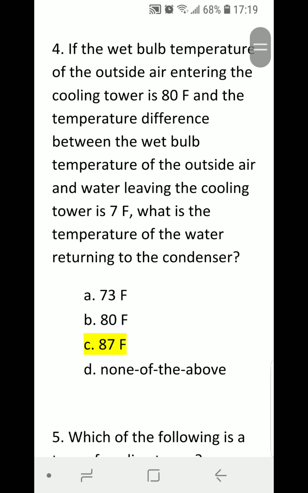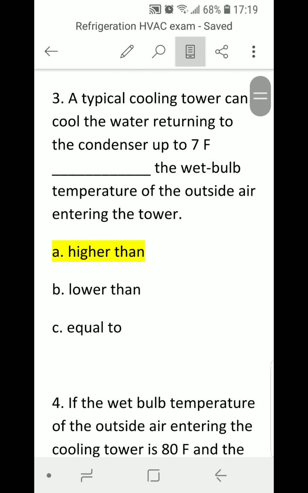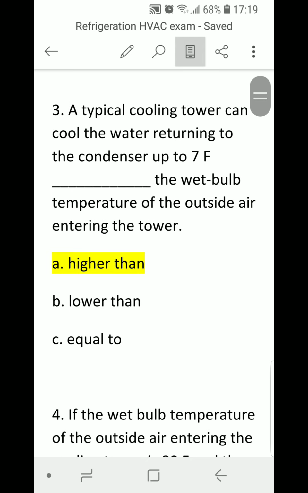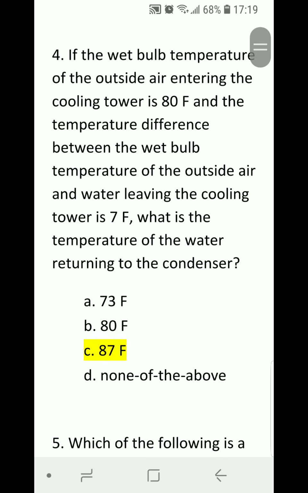Number 4 is an illustration of the 7 Fahrenheit temperature difference being mentioned. So example here is if the wet bulb temperature of the outside air entering the cooling tower is 80 Fahrenheit and the temperature difference between the wet bulb temperature of the outside air and the water leaving the cooling tower is 7 Fahrenheit, what is the temperature of the water returning to the condenser?